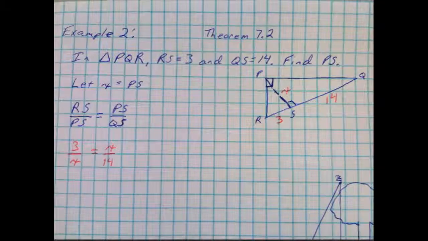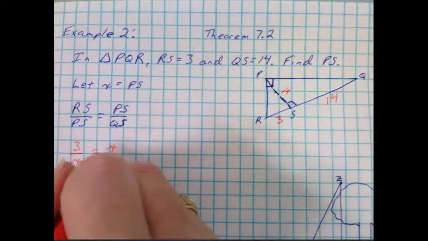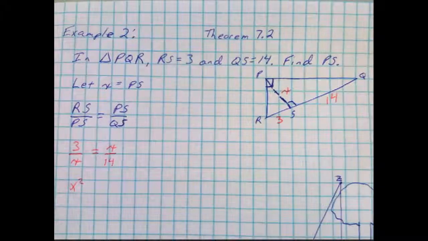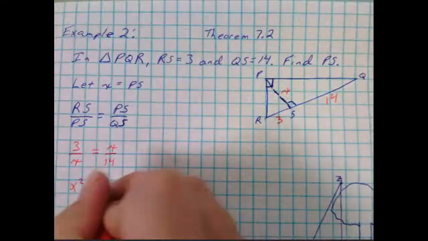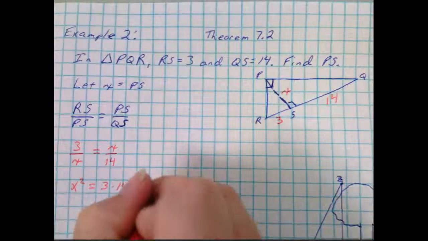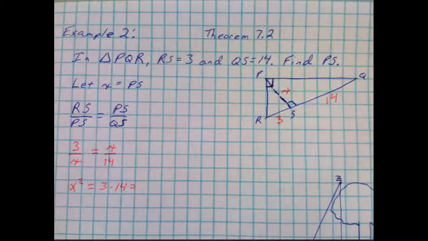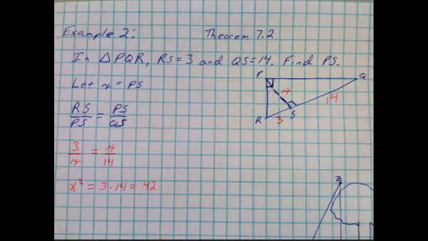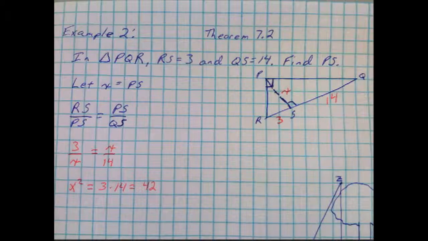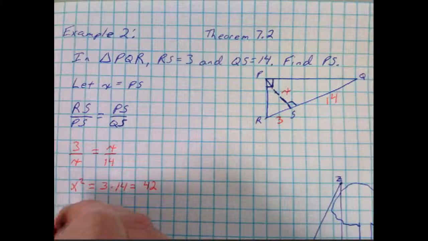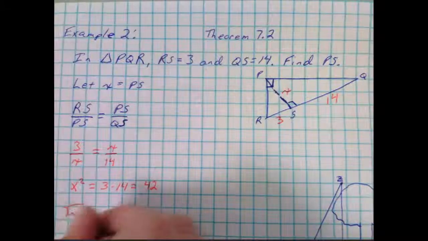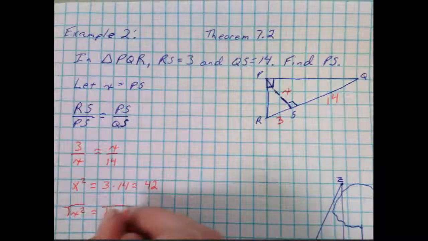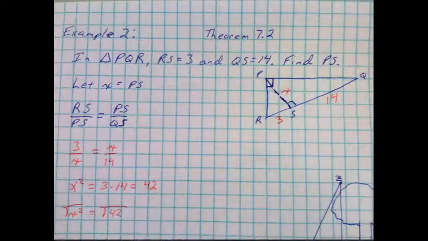So then we're going to be doing our cross products. So we get X squared equals 3 times 14, which is 42. Okay? So then from there, we're going to be taking the square root of our x squared equals the square root of the 42.